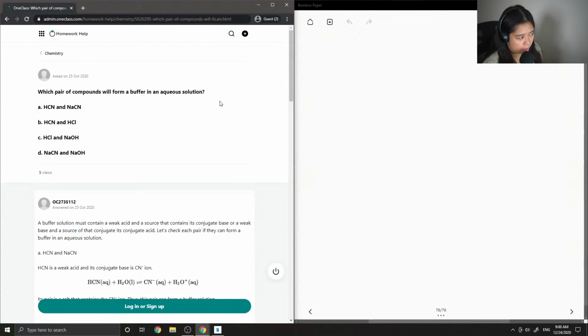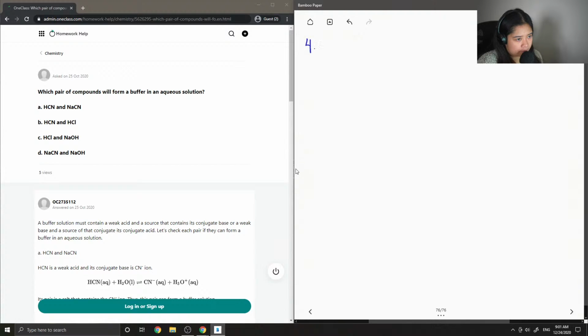Okay, so question 4 asks, which pair of compounds will form a buffer in an aqueous solution? First I'll just write down the definition of what a buffer is.